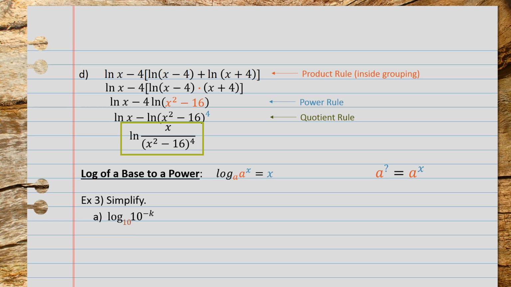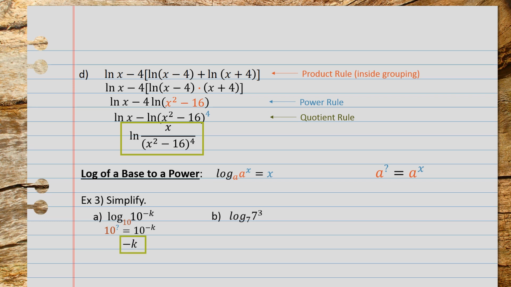Well, there's an imaginary 10 there. So if I were to change this from log notation to exponent notation, what that means is my base, 10, raised to some power gives me 10 to the negative k power. What would be that exponent? Well, that must be negative k.